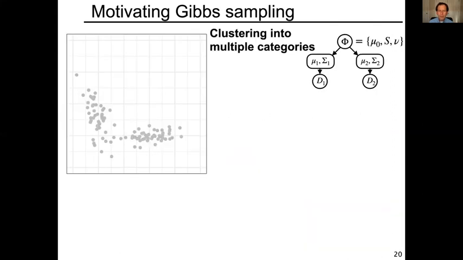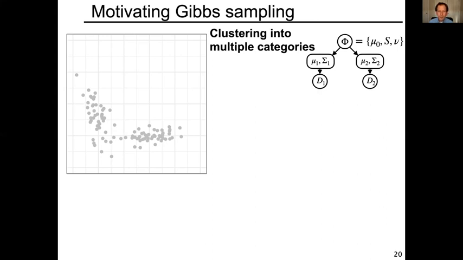Now, to recast this problem slightly, we can visualize it in the following way. In the upper left, we have the data. In the upper right, we have a directed graphical model, a directed acyclic graph, illustrating the generative process underlying the data that is hypothesized. We'll collect all of the model hyperparameters, the prior parameters, into what I'll call phi. And conditioned on phi, each category has some set of parameters associated with it.